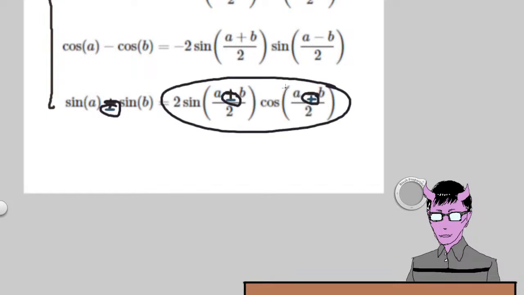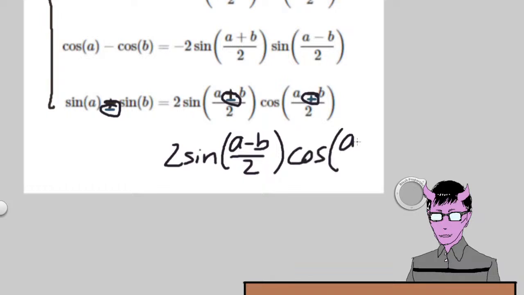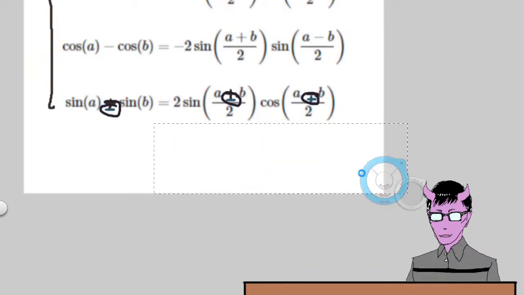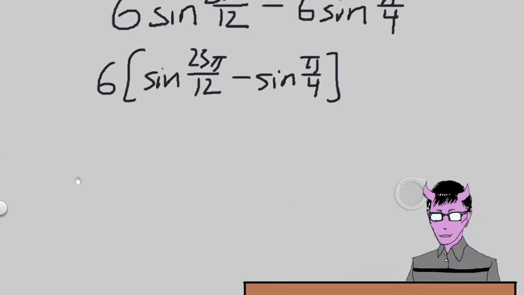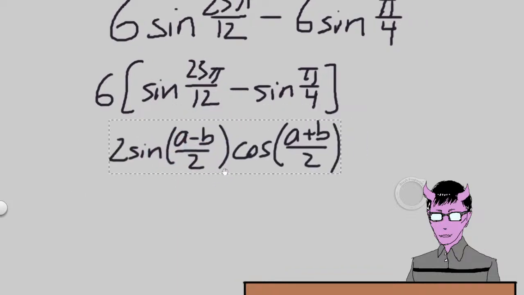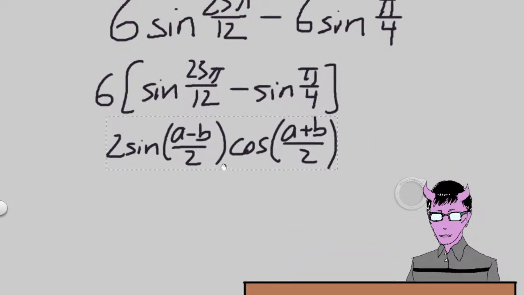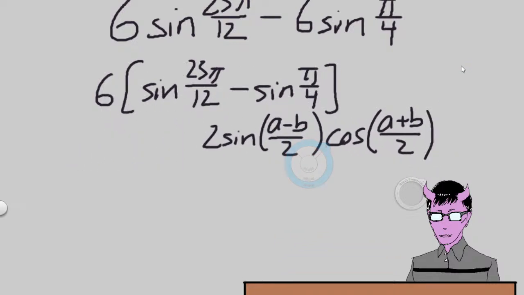So copying the form, we're going to have 2 times sine of (a minus b) over 2 times cosine of (a plus b) over 2. And that's what we're going to take. So cut that, and we're going to apply it to the inside of the brackets. It's not equivalent, so I'm going to offset it just a little bit like this.